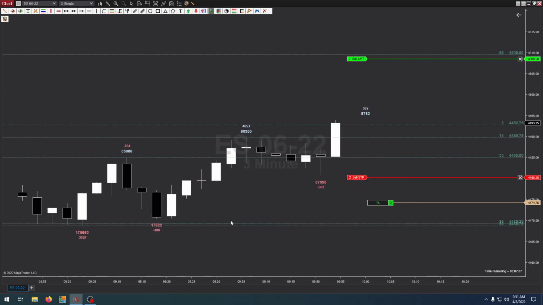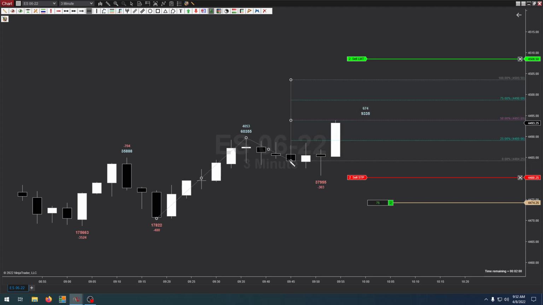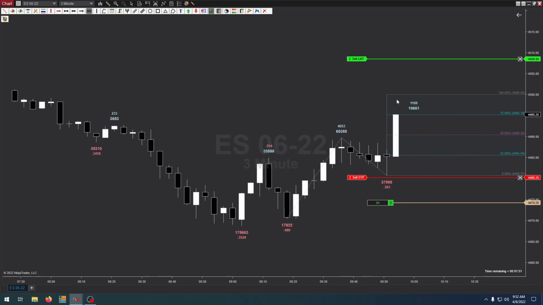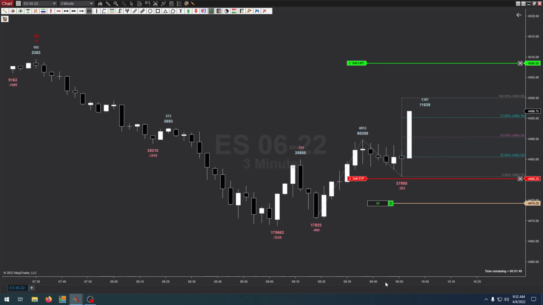What we have on the 3 minute is we had a confirmed swing short, so we did create our stronger geometry with a confirmed swing short. And now we're going after point D. So I'm going to leave this here for now. Right there, and that's what we want.